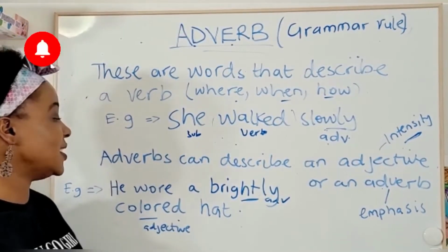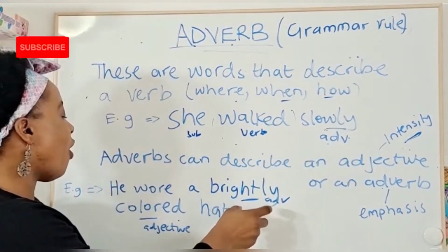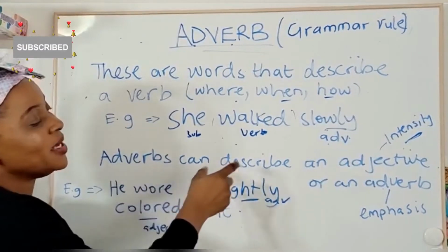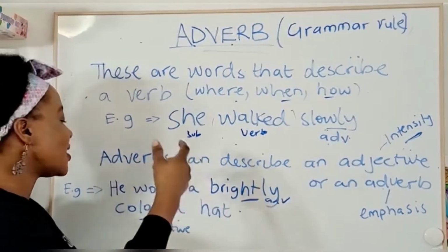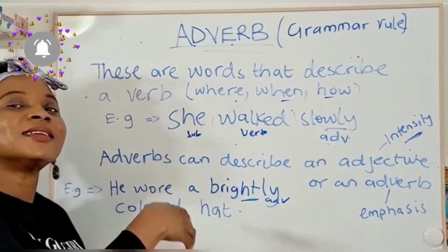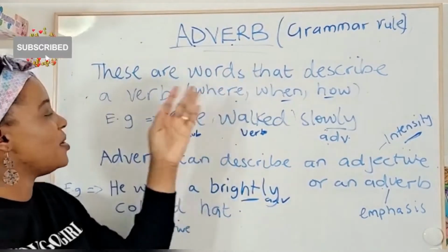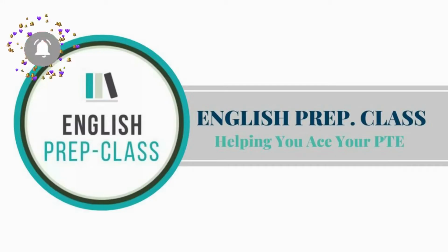So this brightly is the intensity of this color. So when an adverb is describing an adjective, it simply tells us the intensity of that adjective it is describing. So an adverb is not just describing a verb, it describes an adjective, it also describes an adverb.